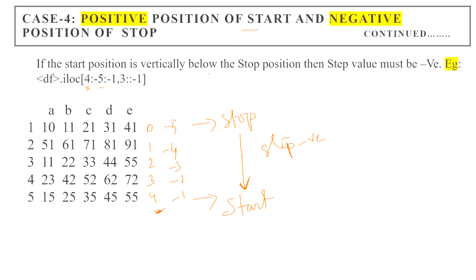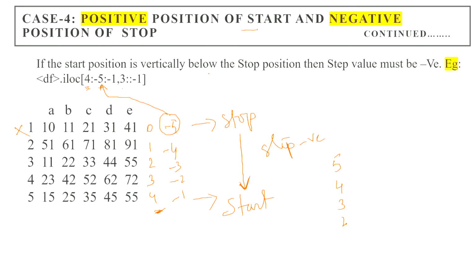Okay. So 4 to 5. Fine. 4 to 5. At phone number, what is the index? 5. Step value is -1. 5, 4, 3, 2 will come. 1 will not come. Why 1 will not come? Because this -5 is the stop value. So 1 will not come. Okay. In reverse, 5, 4, 3, 2, 1 will come.